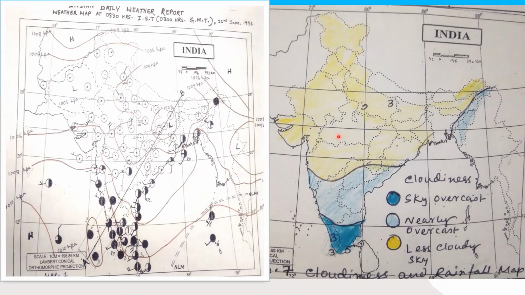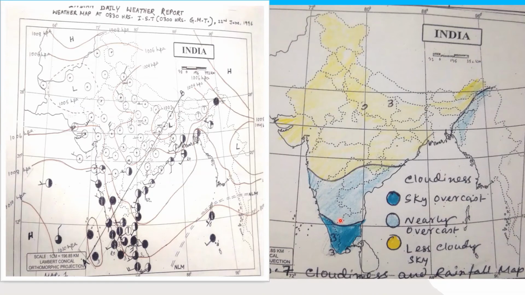The maximum area of India has clear and less cloudy sky. The whole North Indian states recorded clear or less cloudy sky such as Rajasthan, Gujarat, Uttar Pradesh, Himachal Pradesh, Haryana, Punjab, Jammu and Kashmir, Madhya Pradesh, Bihar, Uttaranchal, etc. In this map, rainfall occurs in southern states of India, particularly Kerala, southern part of Karnataka, Tamil Nadu.